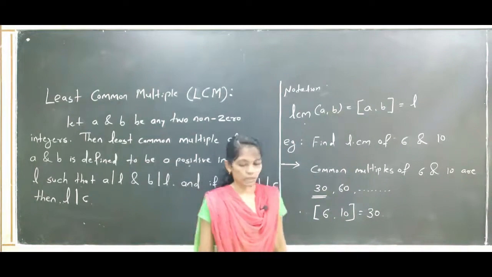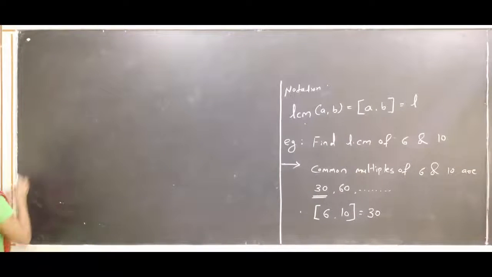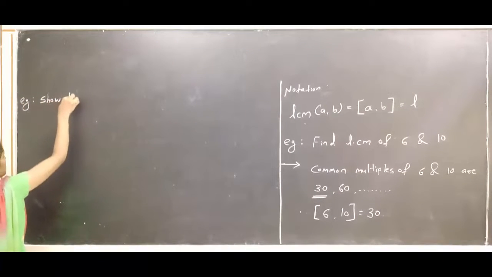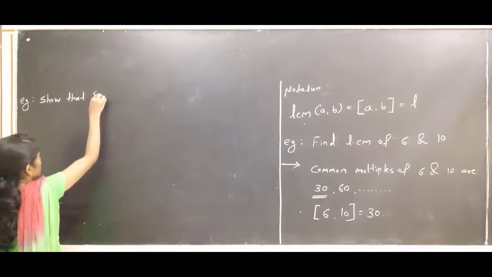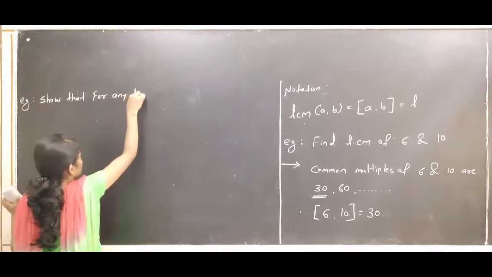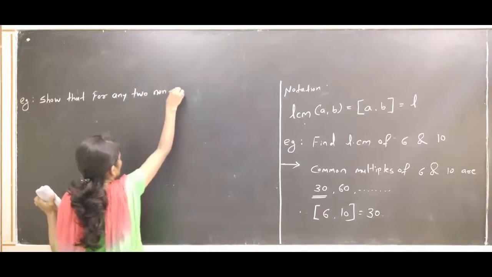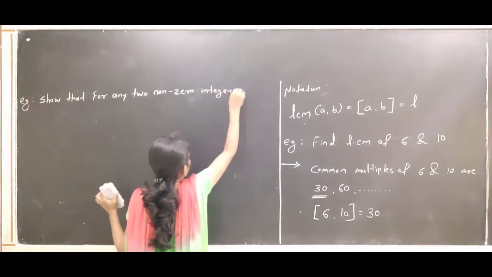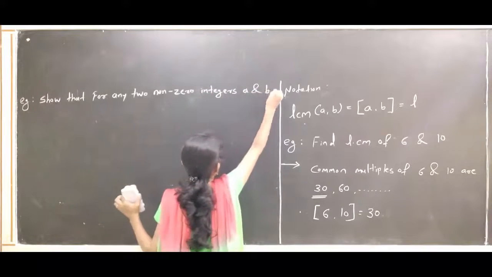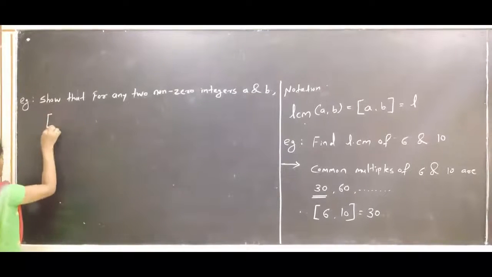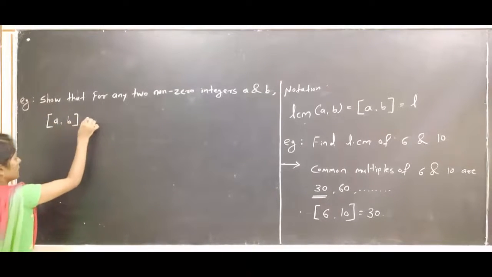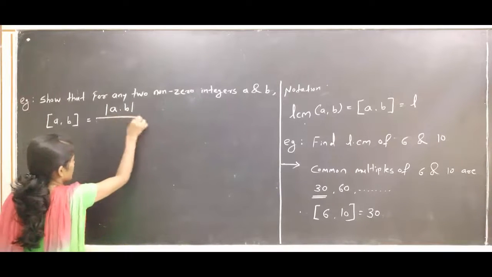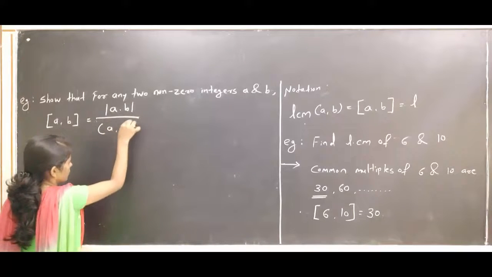Get it? Okay. Now we see the next example. Show that for any two non-zero integers A and B, LCM of (A, B) is equal to the modulus of the product of A and B divided by GCD of (A, B).